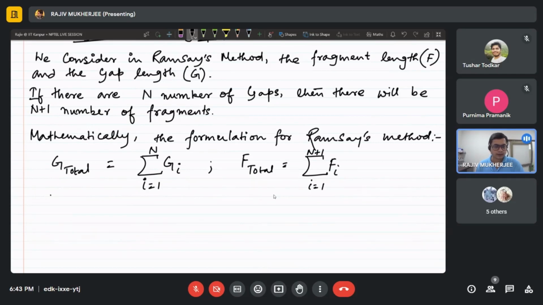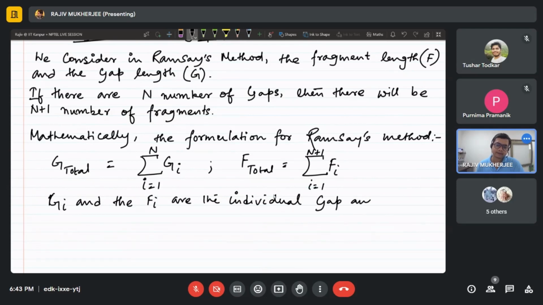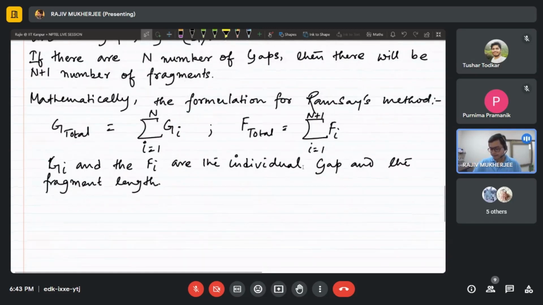Where gi and Fi are the individual gap and the fragment length. Okay, so this is how we actually calculate the total gap length and the fragment length.